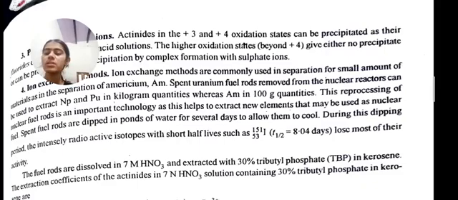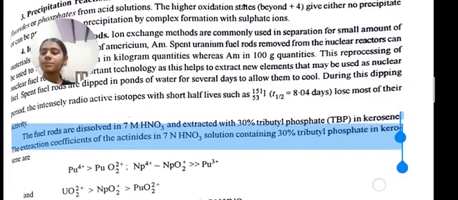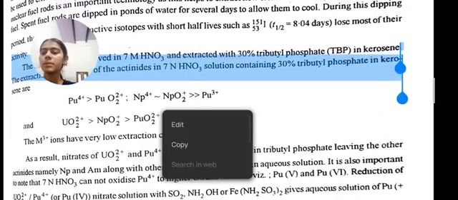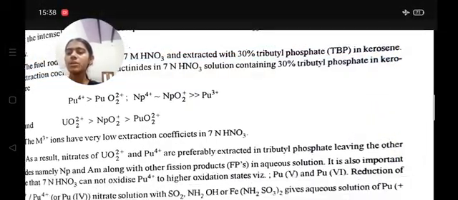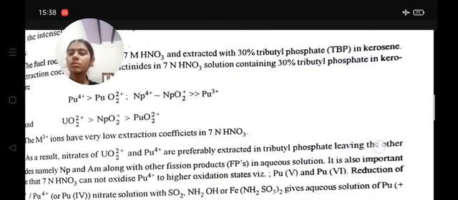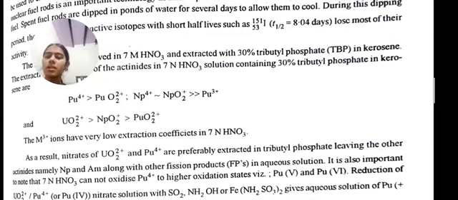The extraction coefficients of the actinides in 7 molar HNO3 solution containing 30% tributyl phosphate in kerosene are as shown. The M3+ ions have very low extraction coefficients in 7 N HNO3.